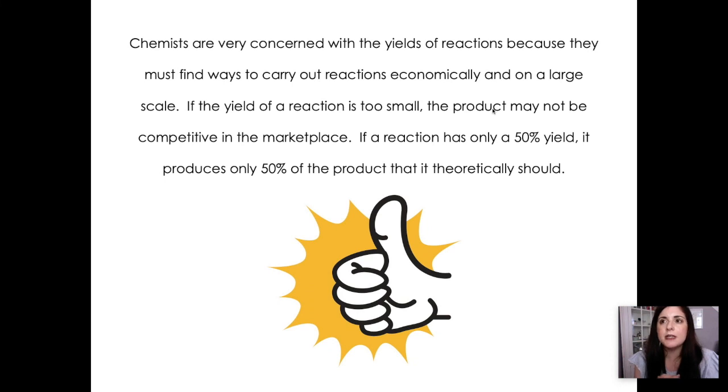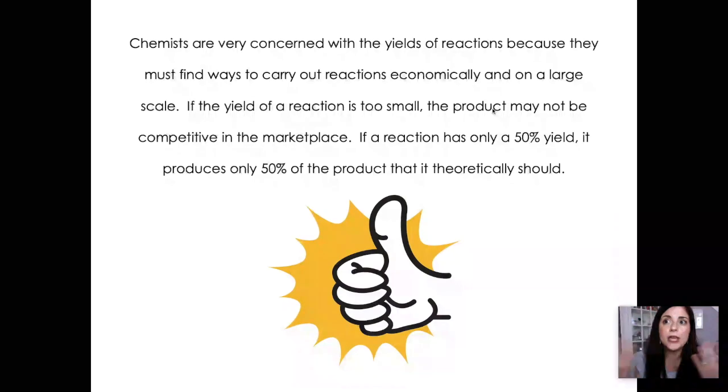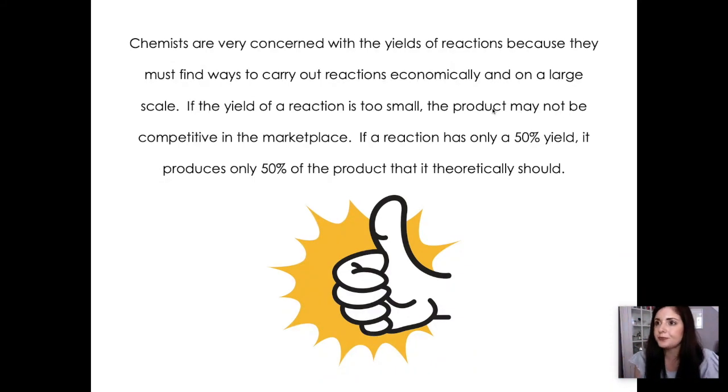So if you are a chemist and you are trying to produce this new compound that cures cancer, but you only have a 5% yield, it's not going to be very competitive. You're going to be using far too much money in order to produce something that's only a 5% yield.